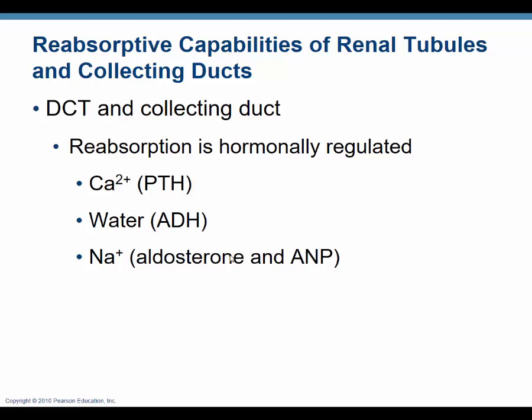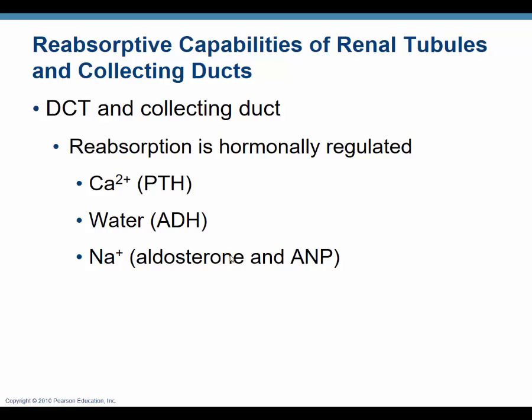Dilate, because if we constrict the afferent arteriole, what happens to glomerular filtration rate? You're not going to have as much fluid coming in, right? So we have to dilate the afferent arteriole to keep the fluid in, to keep the pressure, because we want to increase the pressure. If we have falling pressure, are we going to get enough flow out of that glomerulus? No, we need to keep the flow coming into the glomerulus.